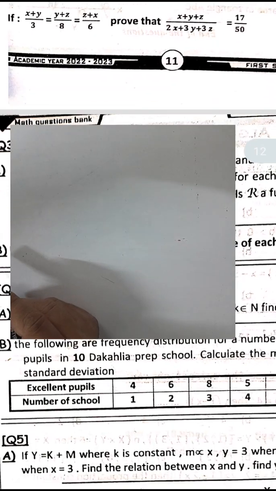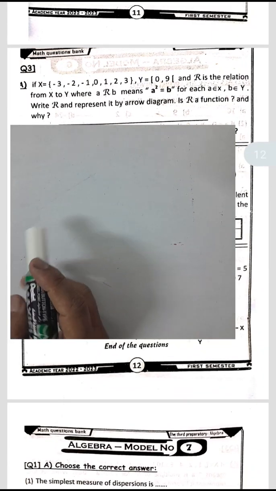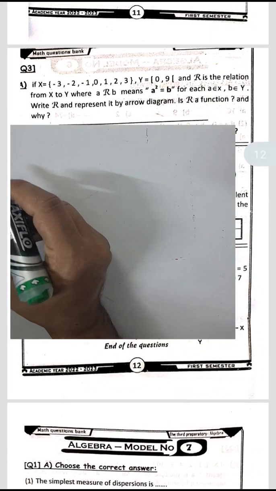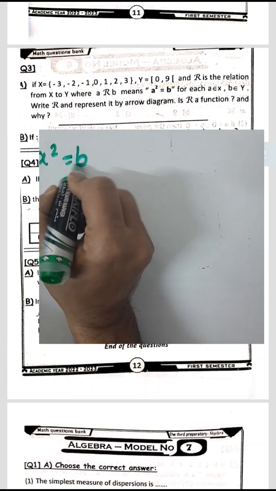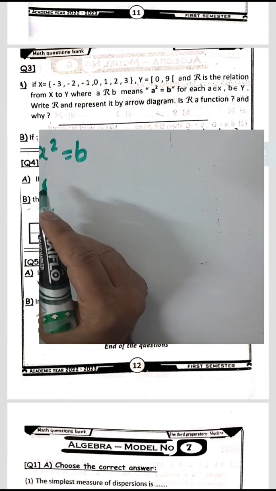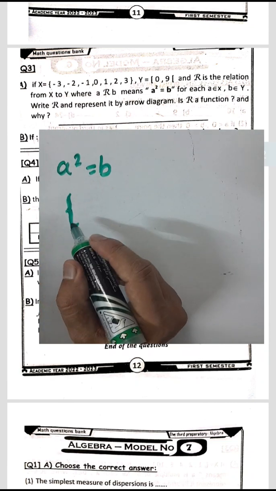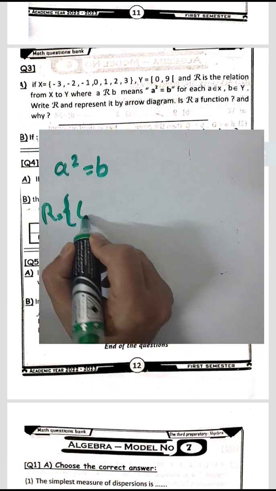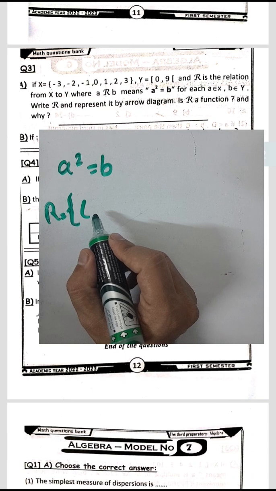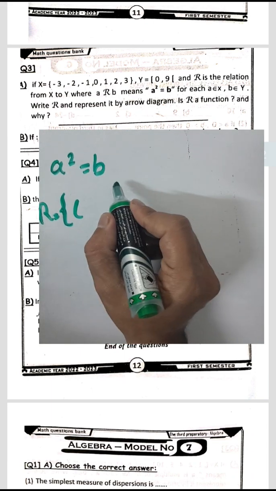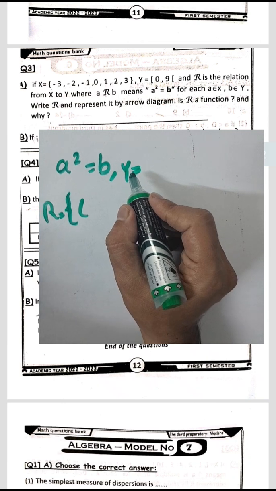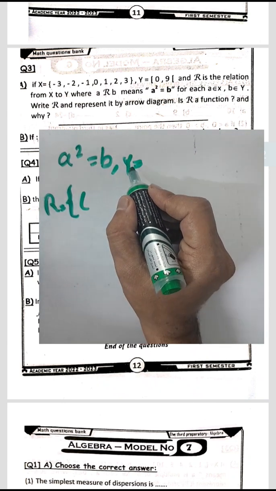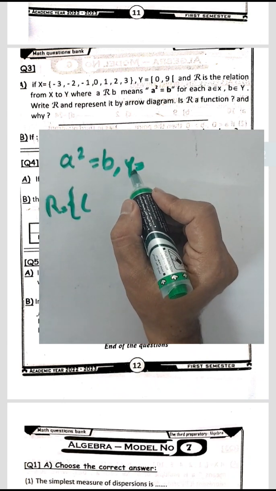The next question: we have the relation between x and y here. The relation tells us a power 2 equals b. We can find the relation a power 2 equals b, and it gives us x and y in the interval closed at 0 and open at 9.